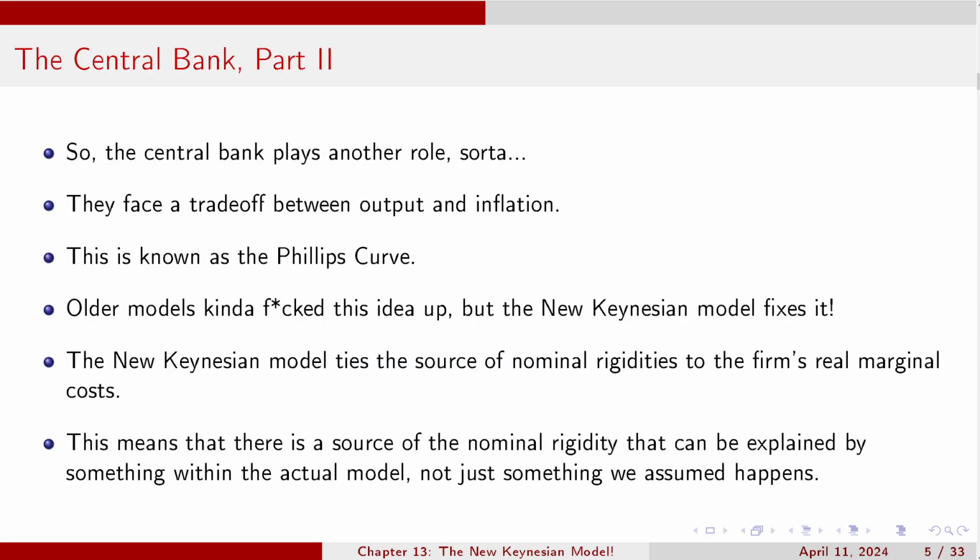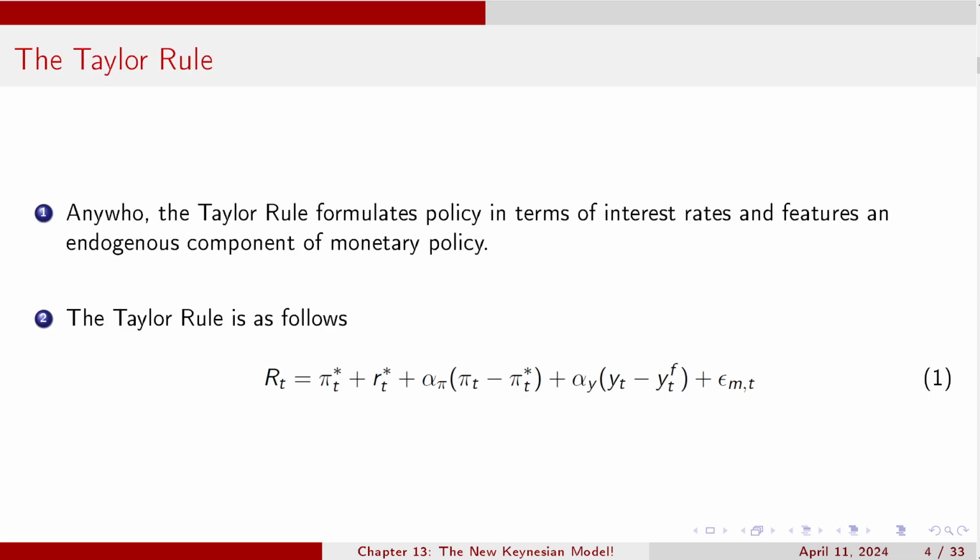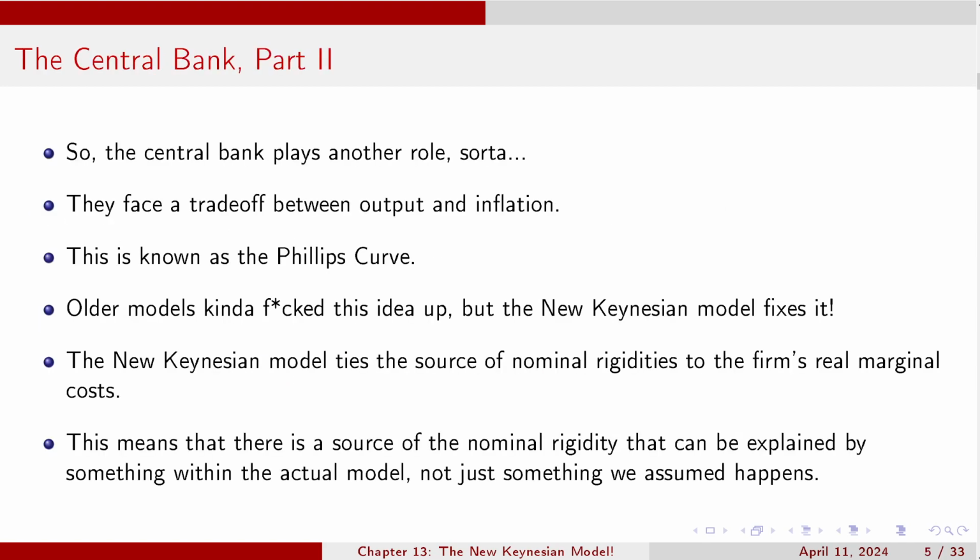And there's a trade-off between them. Now, here you don't really see that trade-off that much. All this tells me is that the central bank cares about inflation and they care about output. But the trade-off itself between output and inflation isn't given by equation 1. We need something to tell us what that trade-off is.